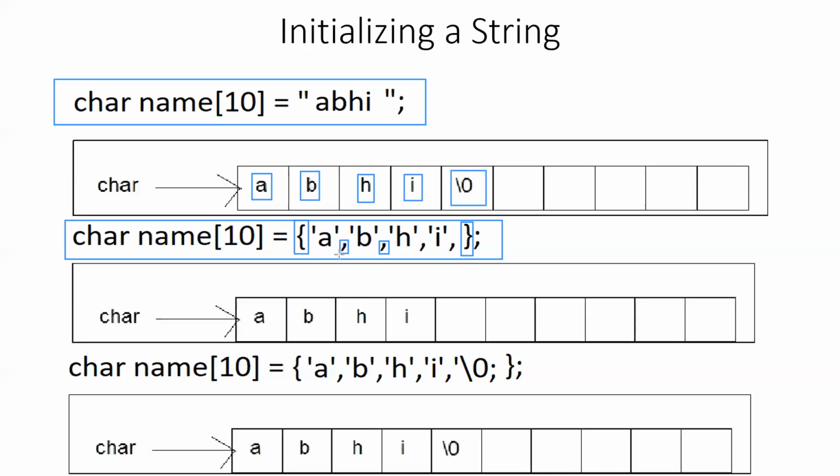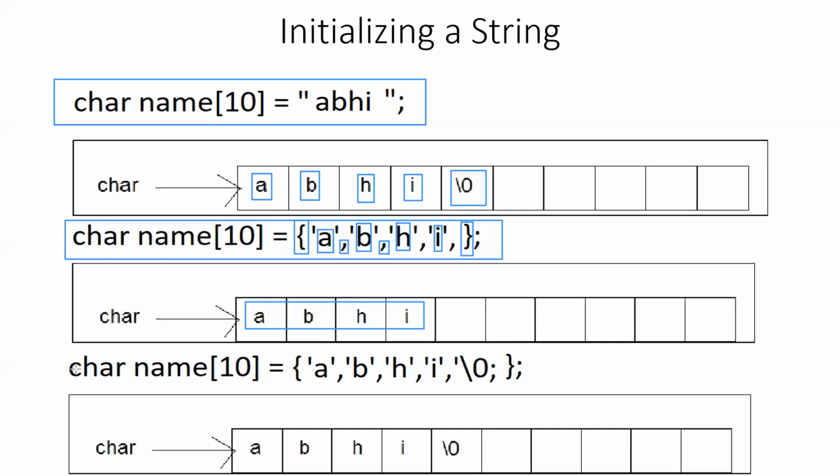The first character in the array is A, the second element is B, the third element is H, and the fourth element is I. As you can see in the memory representation, it does not include the null character at the end of the string. This is the drawback of initializing a string with single quotes. The null character is not inserted at the end of the string.